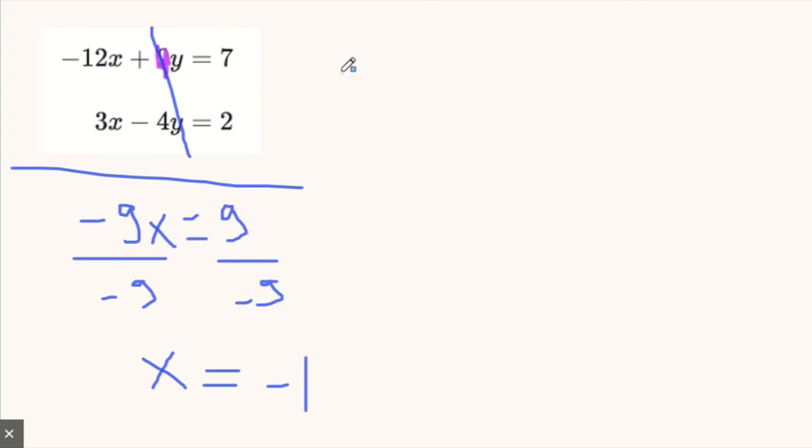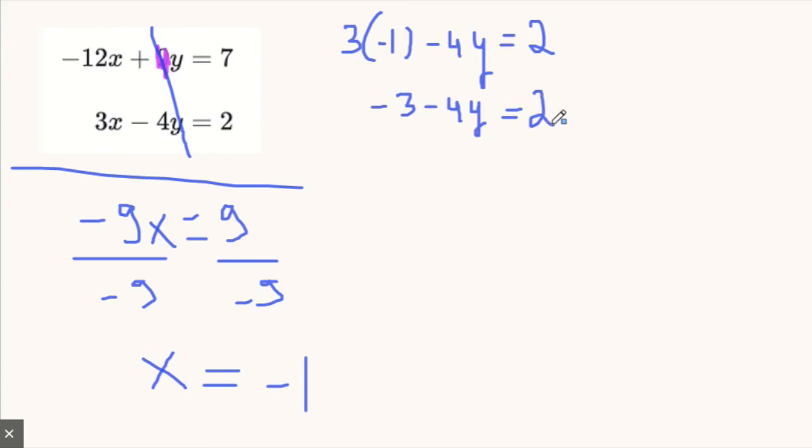And then we can just plug this back into any one of these equations to find y. Let's plug it into this one. 3x with x as negative 1, minus 4y is equal to 2. 3 times negative 1 is going to be negative 3. You can just carry the negative 4y down and equals 2.